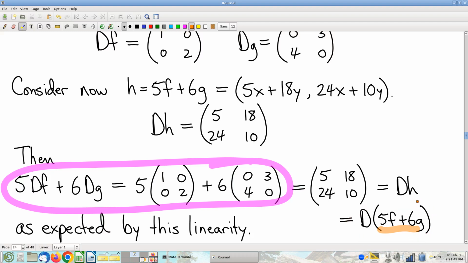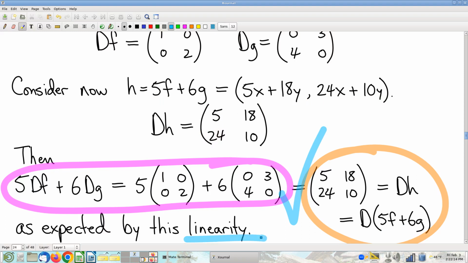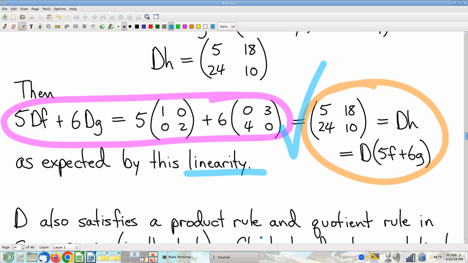Right, and of course now I've got that function right there, and I've computed its derivative matrix. So there you go. This is the derivative of the combination. This is the combination of the derivatives. These are the two things that we need to be equal if we're going to confirm linearity. And sure enough, as desired, these are equal, which tracks with the idea that this is a linear process.